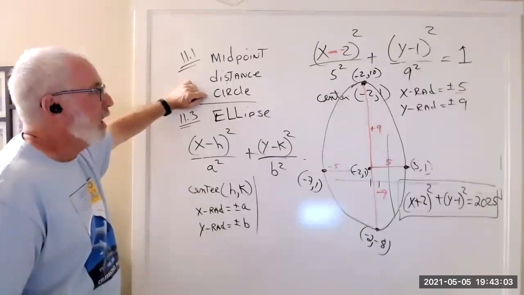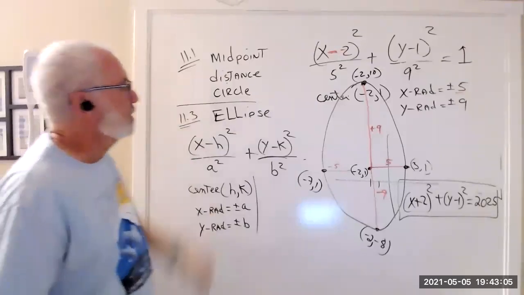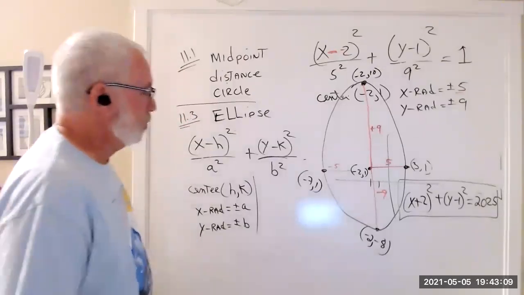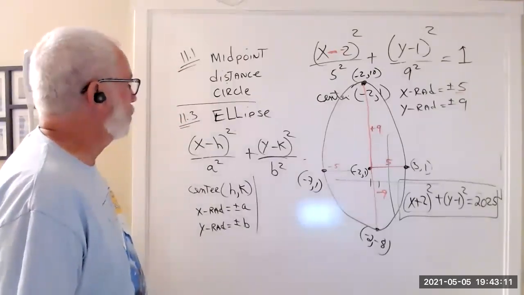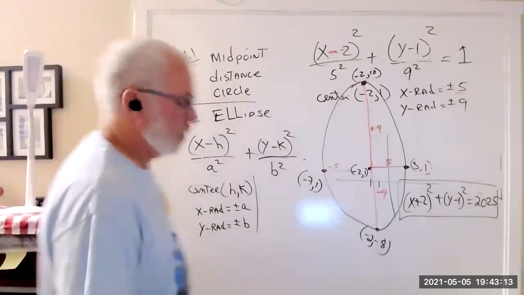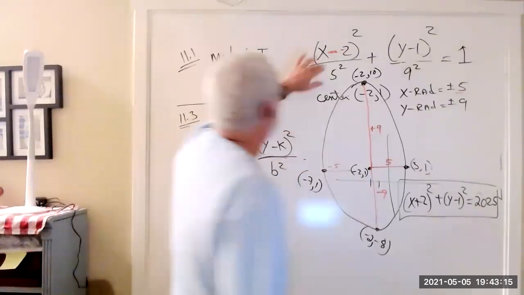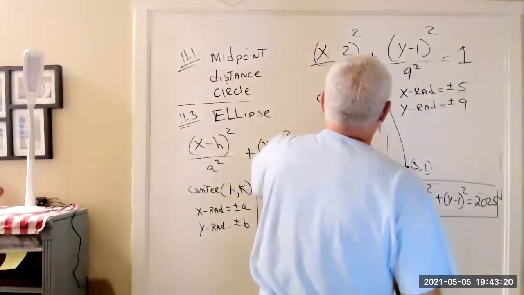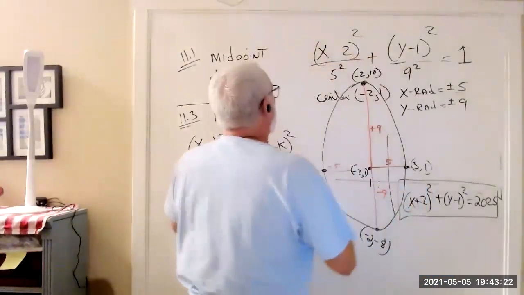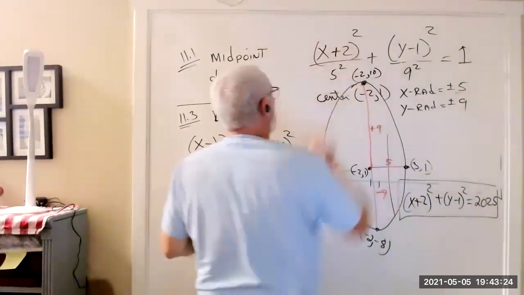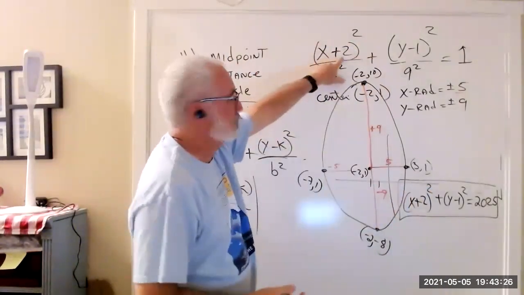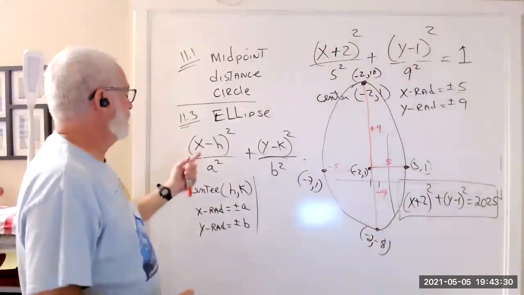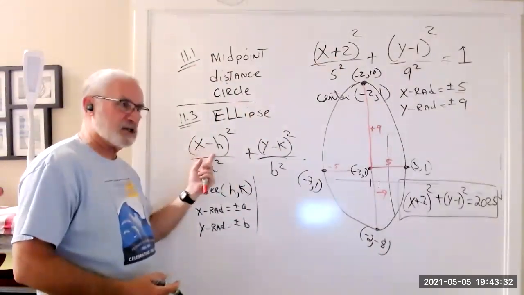Excuse me, can you explain about center? Why we have -2 and 1? Okay, here's the original problem, right? X plus 2. But the formula for an ellipse says it has to be X minus.